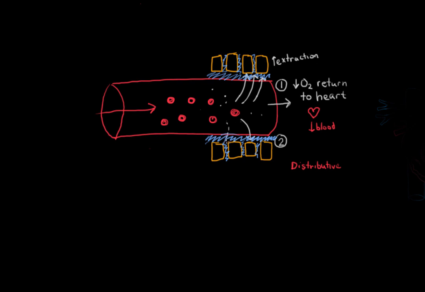This extra fluid creates a diffusion barrier, meaning that oxygen has a difficult time diffusing through this fluid and getting to the tissues that need oxygen. So this prevents oxygen from getting to the tissues, and that means that oxygen really just stays in the blood. So when the blood returns to the heart, it will have a higher oxygen level than normal.